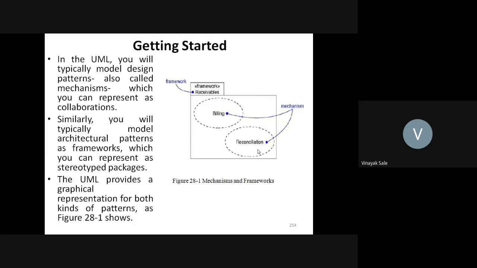Similarly, you typically model architectural patterns as a framework. An architectural pattern can be shown in the form of a rectangle with a particular name. A framework you can represent as a stereotyped package. See in this figure, these are angle brackets for the framework stereotype, and then the framework name is written. So UML provides graphical representations for both kinds of patterns.